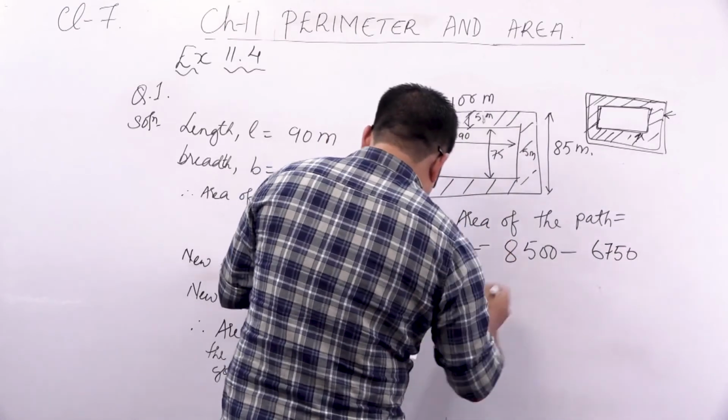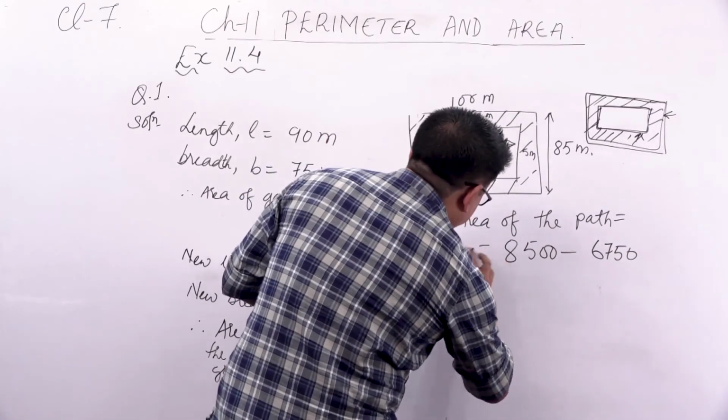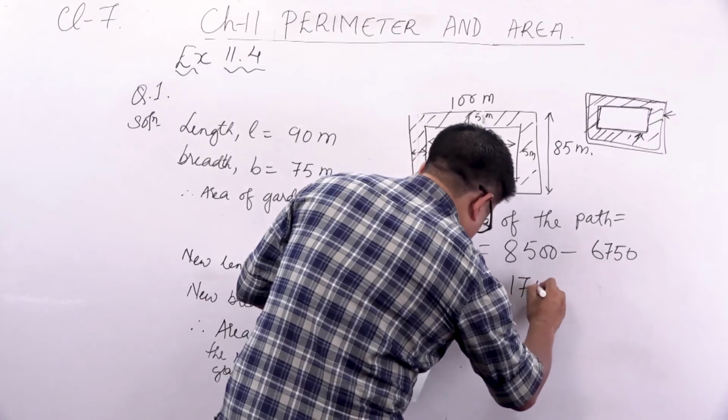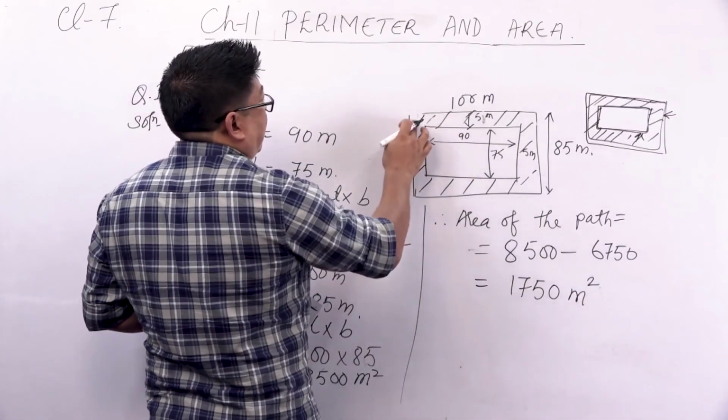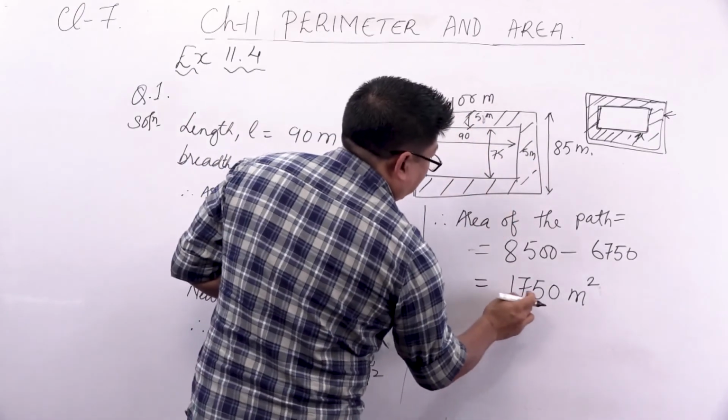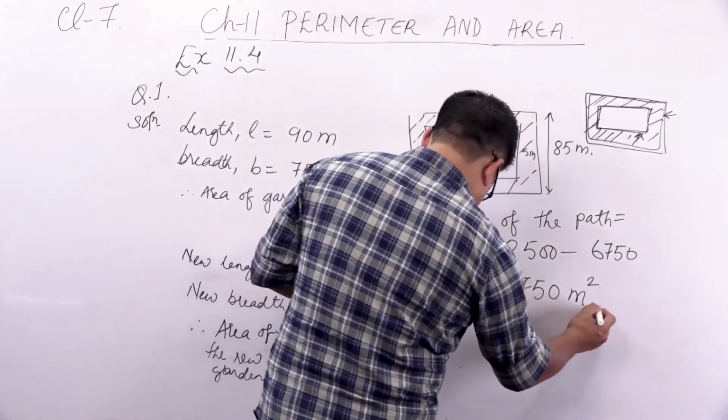When you subtract these two, your answer will be 1,750 meter square. So the area of this footpath is 1,750 meter square.